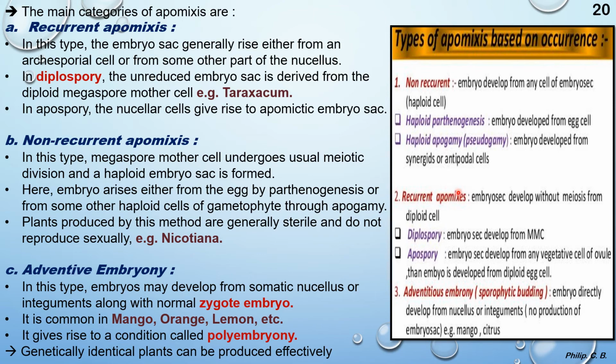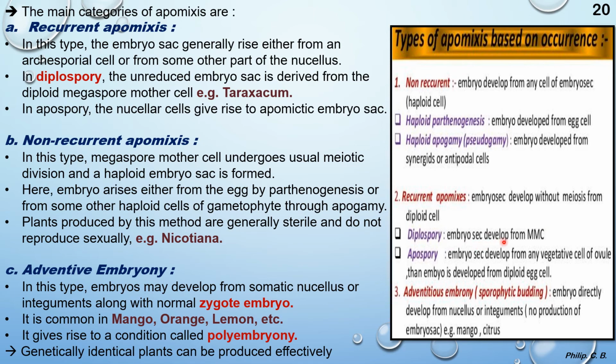So here again I put another chart which gives the definitions in short with their types. Types of apomixis are based on occurrence. Non-recurrent: the embryo develops from any cell of the embryo sac, that is haploid. Haploid parthenogenesis: the embryo develops from the egg cell. Haploid apogamy or pseudogamy: the embryo develops from synergids or antipodal cells. Recurrent apomixis: the embryo sac develops without meiosis from a diploid cell.